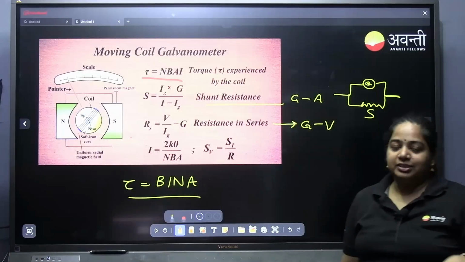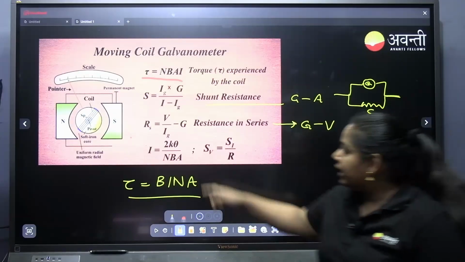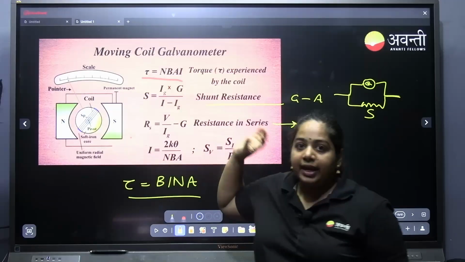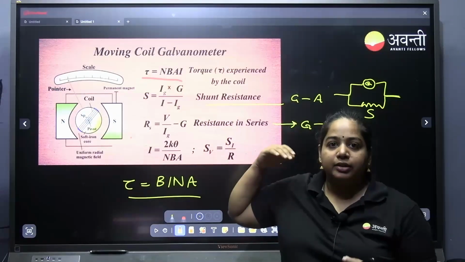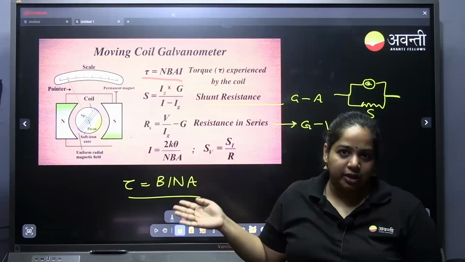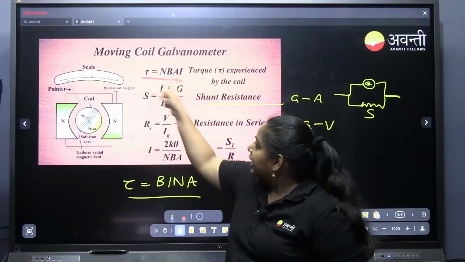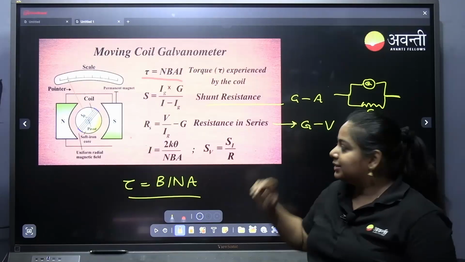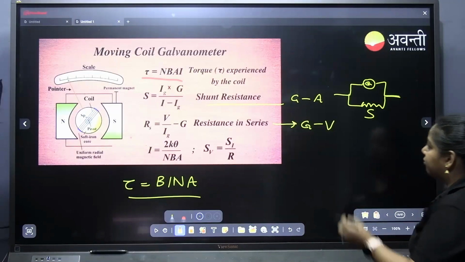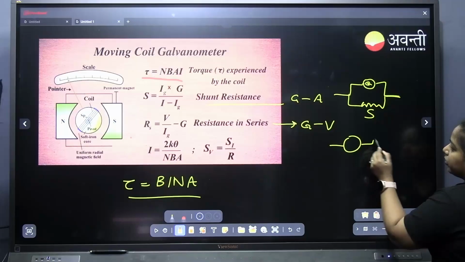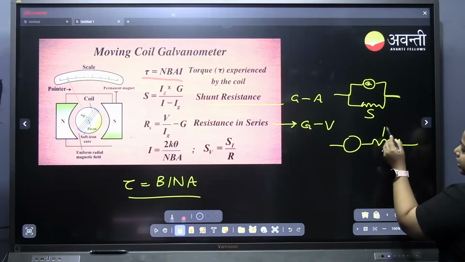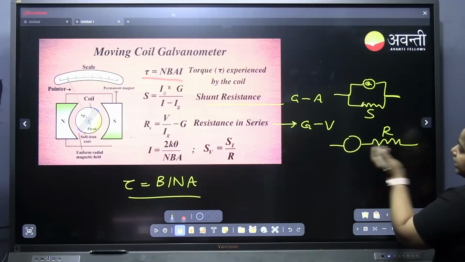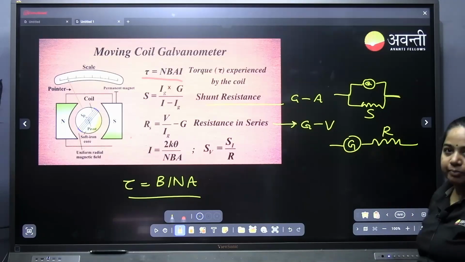How do we calculate the shunt resistance? If you want to measure up to a current I value using the galvanometer, this will be the calculation for shunt resistance S. Similarly, to convert a galvanometer to a voltmeter, you have to connect a resistance in series with the galvanometer.